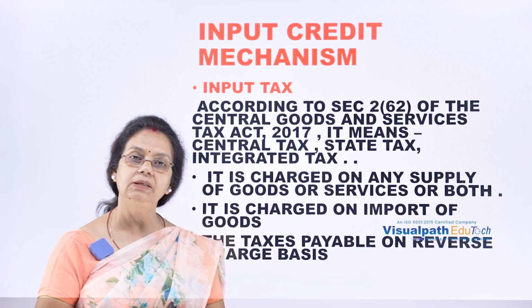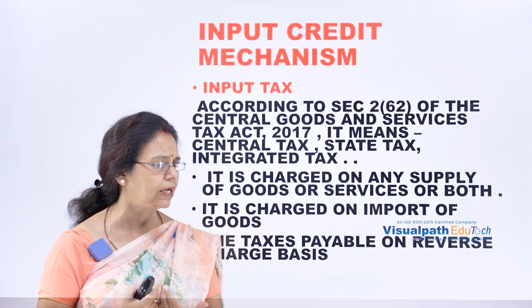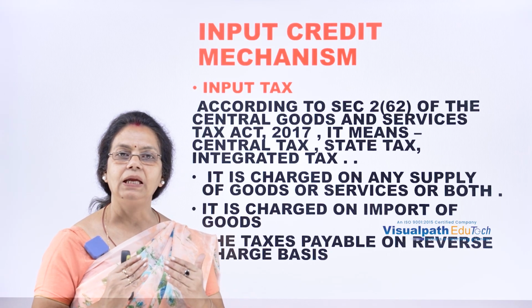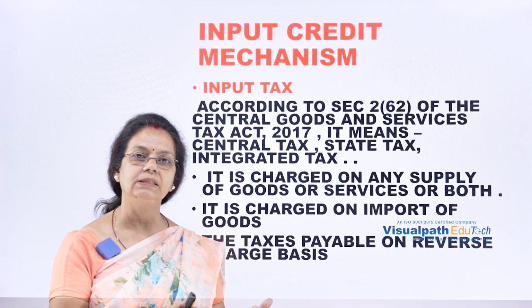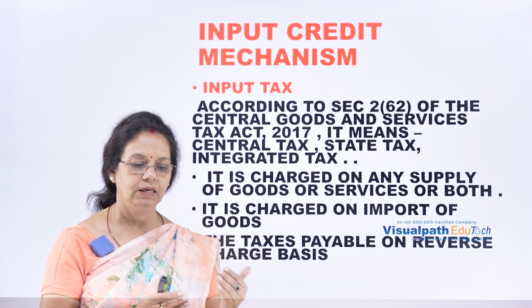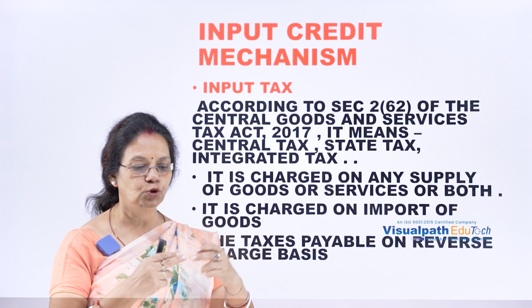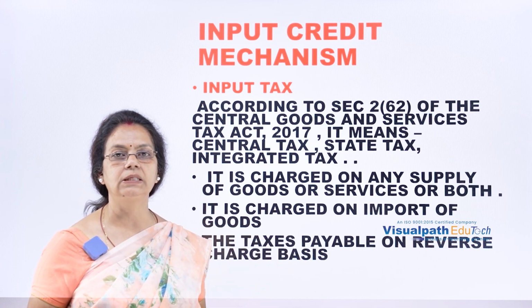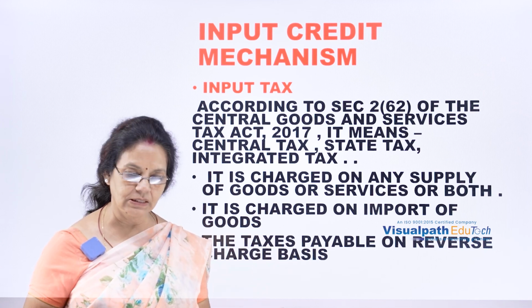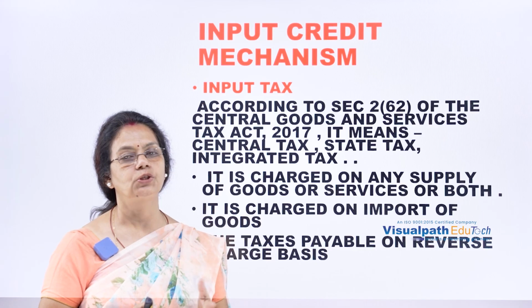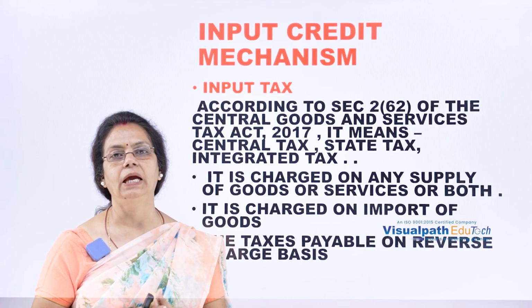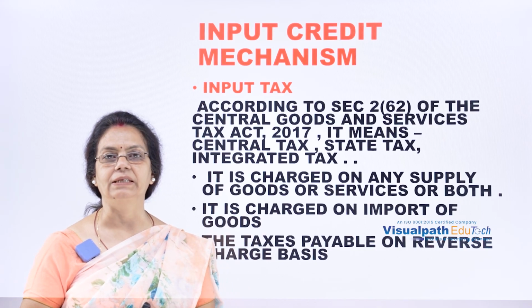So what is input tax? Input tax is nothing but the central tax, central GST, state GST, as well as integrated tax. Together, the formation of all these taxes is known as input tax. So how to input the tax?